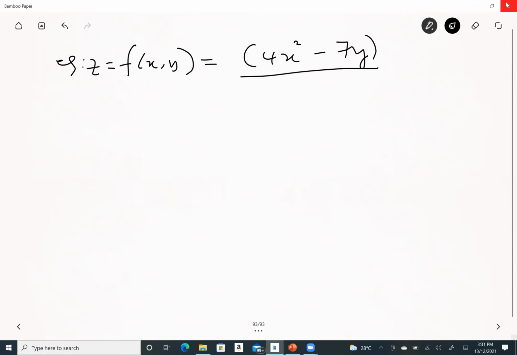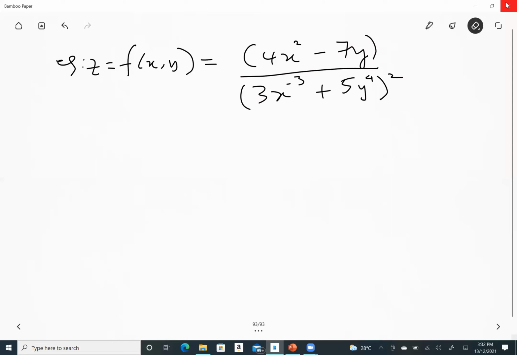Suppose we have f of x, y or z equal to 4x squared minus 7y, yeah, let's say we have something like this, divided by 3x to the power of negative 3 plus 5y to the power of 4, everything squared.